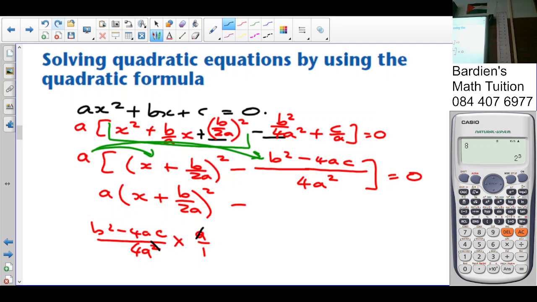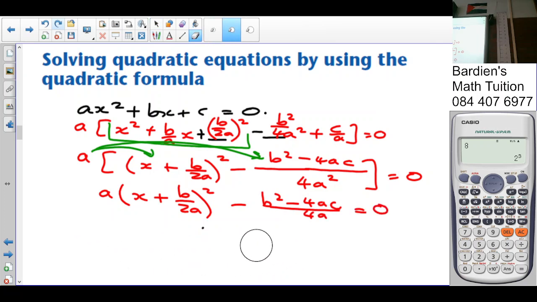Not so? And it leaves you with what? b squared minus 4ac over 4. You all agree with that? So it's going to be b squared minus 4ac over 4a is equal to 0.